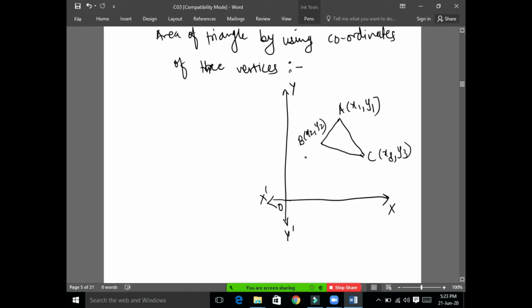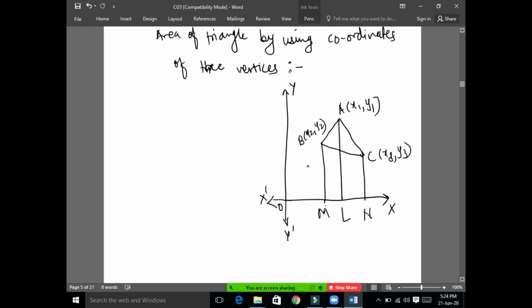Now we have to draw perpendiculars from the points B, A and C. Just draw perpendicular from B on the x-axis, from A on the x-axis and from C. So these perpendiculars are BM, next is AL and the next one is CN, all three perpendiculars on the x-axis.